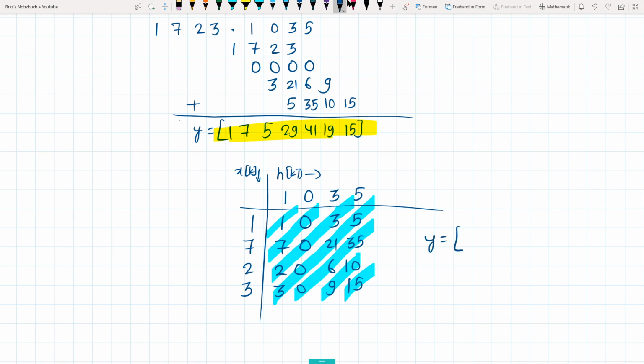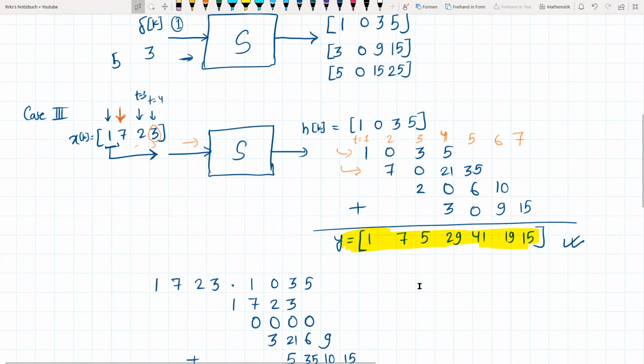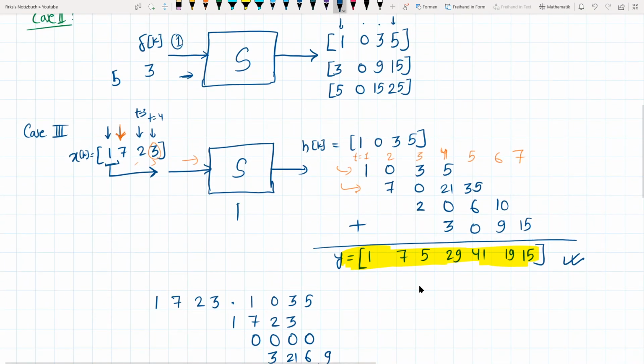So our output will be the sum along each axis. So it will be 1 at the beginning. 7 plus 0 is 7. 2 plus 0 plus 3 is 5. And then 29, 41, 19, and 15. Right, I guess you got the idea. So the most intuitive part is here. This should be the most intuitive way to understand the convolution operations in systems and signals, basically.